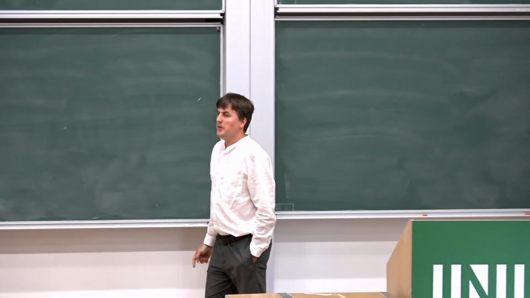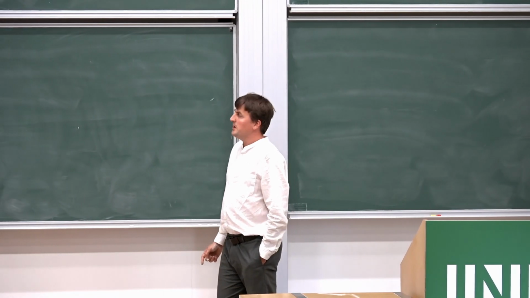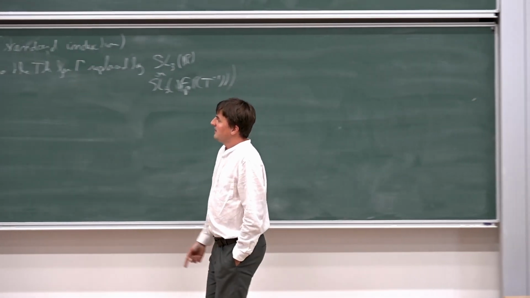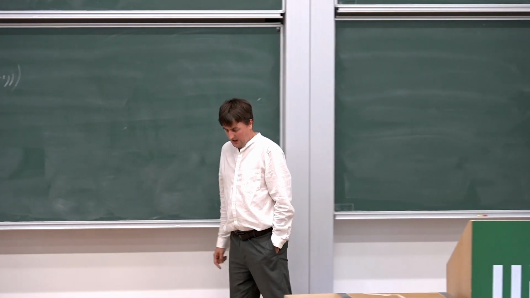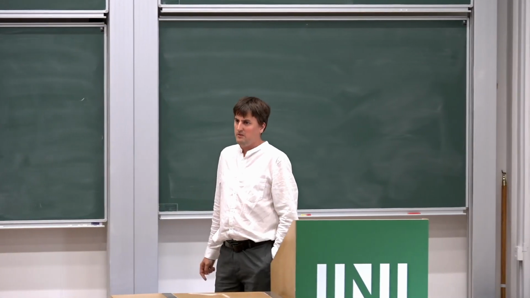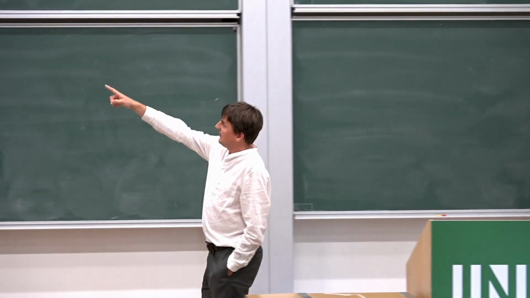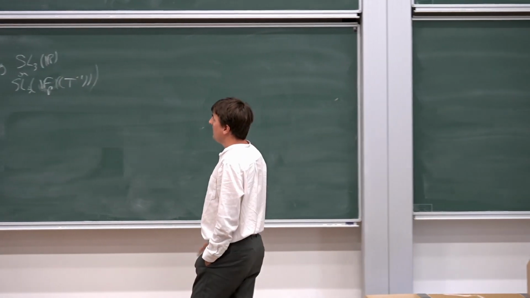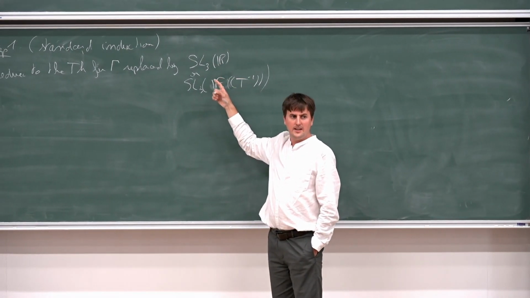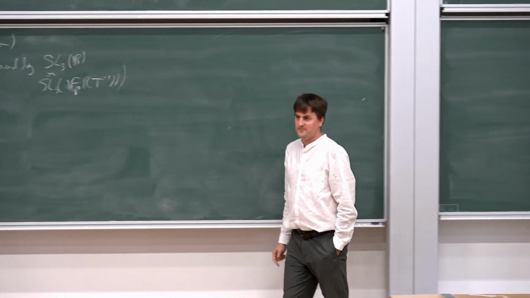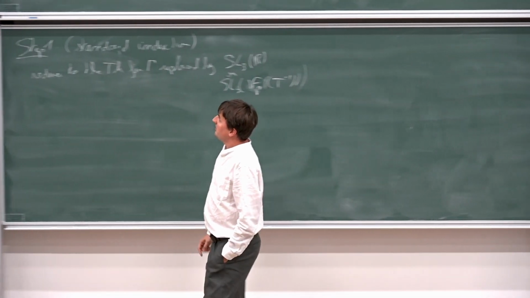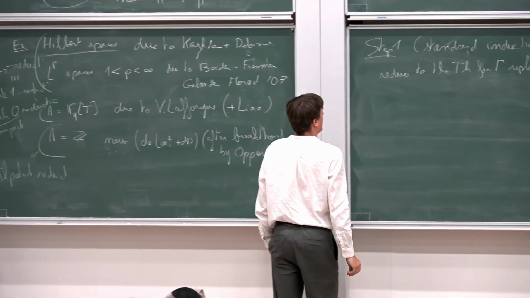And this is standard, but it uses some deep work. In particular, it relies heavily on the work by Lubotzky, Mozes, and Raghunathan on the fact that these groups, even though they are not co-compact lattices here, are embedded in this group in a quasi-isometric way, which is a non-trivial statement.